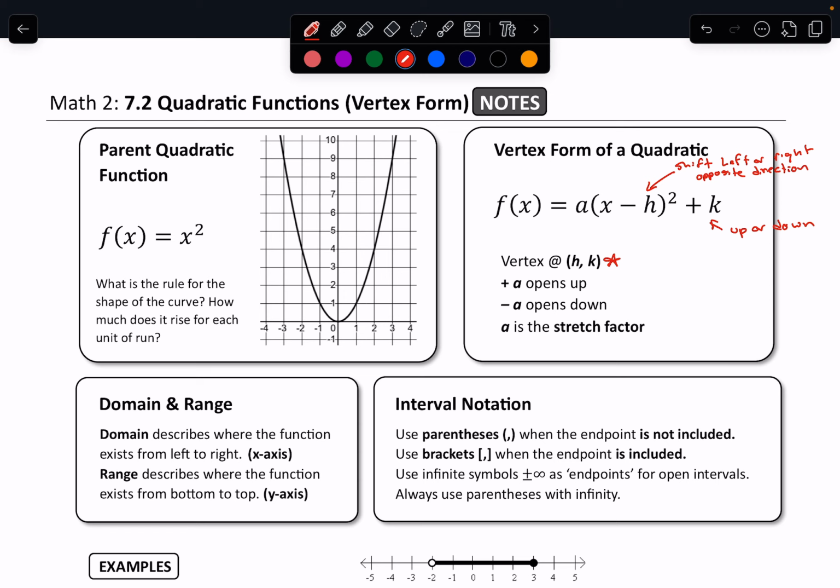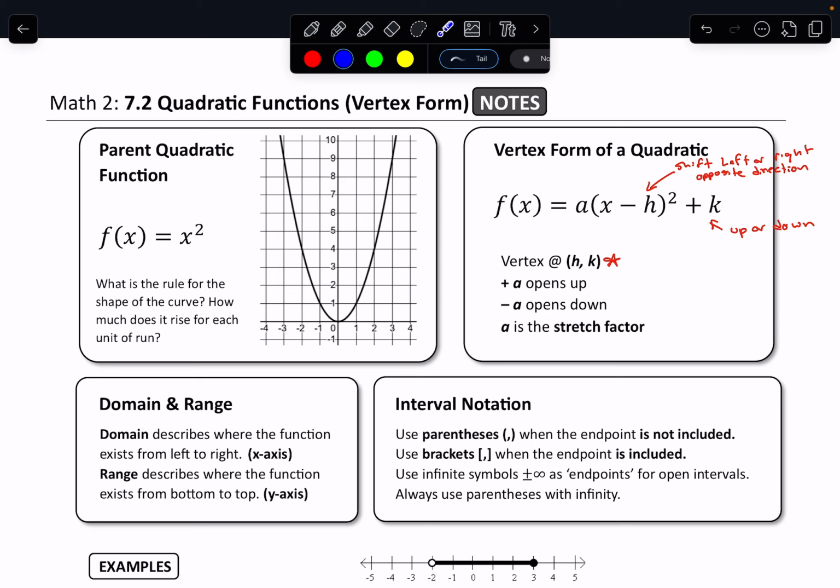And now a. A is a little bit funny in a quadratic function. A positive a value opens up. A negative a value is going to be a parabola flipped upside down. So it's going to be an upside down U. But the a, the number itself, is going to stretch, or we use the word compress the parabola.